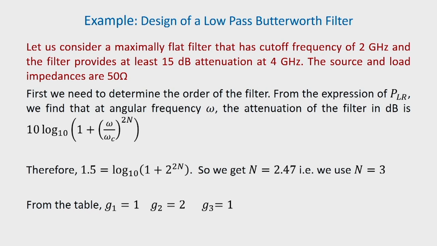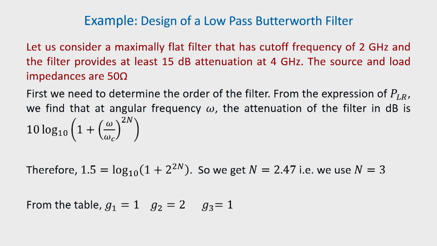So, we can write 15 by 10, which is 1.5, is equal to log of 1 plus omega by omega c, which becomes 2, so 2 to the power 2 n. If we solve for n, we get n is equal to 2.47, and therefore, we use n equal to 3, that means a third order filter.